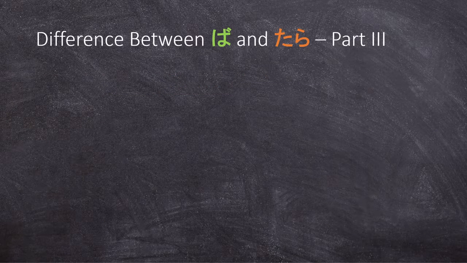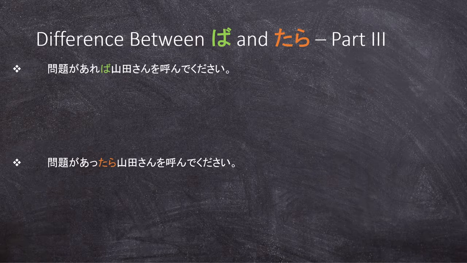And let's put the end on the difference between ba and tara section of the video by creating a crowning section where we will analyze a sentence that is seemingly the same when used with both ba and tara, and that is mondai ga areba Yamada-san wo yonde kudasai in the case of ba, and in the case of tara, mondai ga attara Yamada-san wo yonde kudasai.